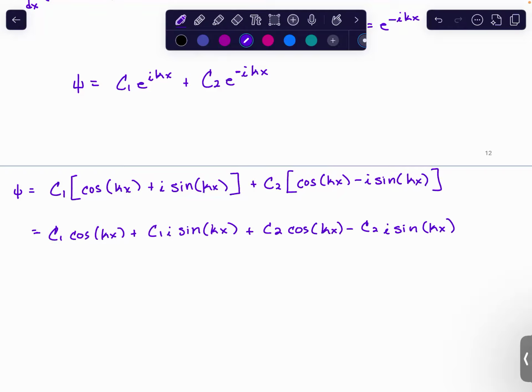Now we're just going to combine. This will combine into C1 plus C2.